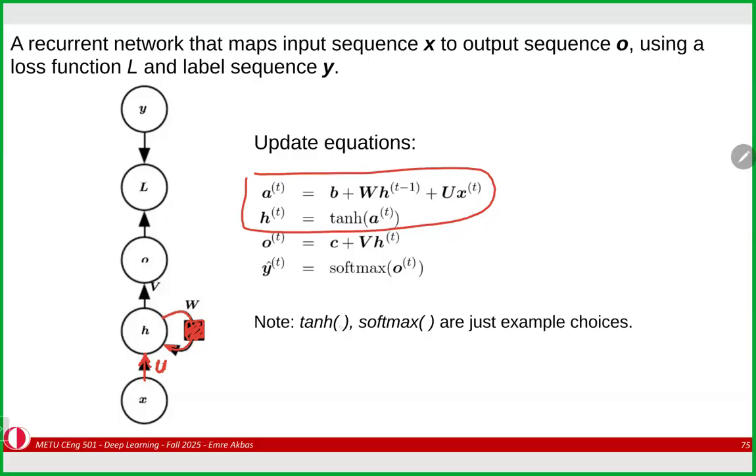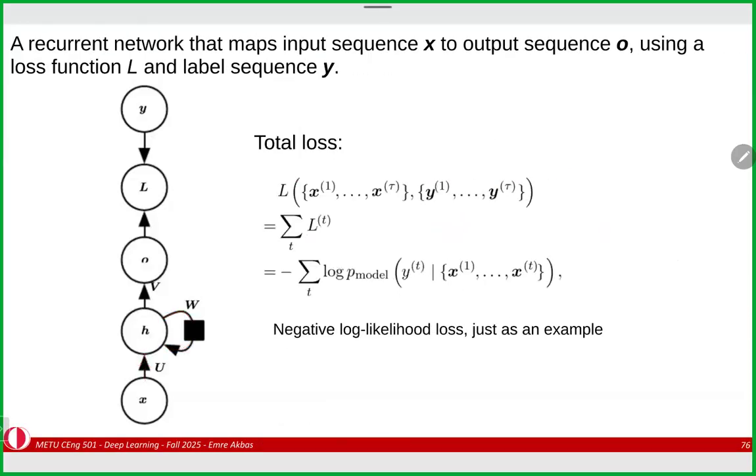Here, the tanh and softmax are just example choices, but the total parameters of this network is the concatenation of U, V, and W, because that's all the parameters that this RNN has. You can write a total loss between the sequence of input and the sequence of output.